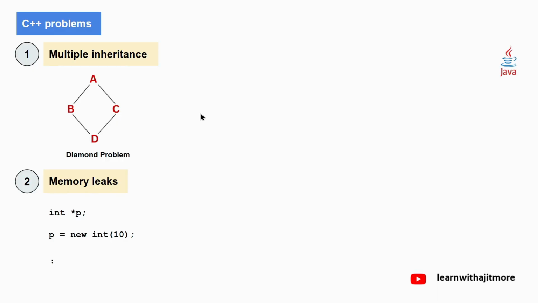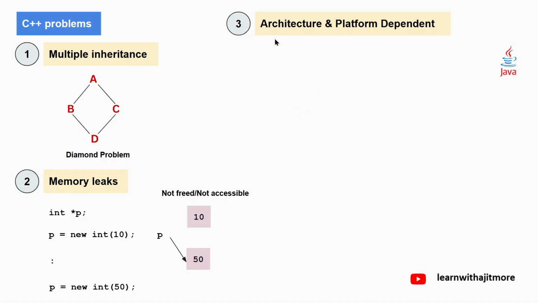Okay, so moving ahead. This drawback is also clear to you. Moving to the third drawback: it is architecture and platform dependent. Now we will just talk about platform dependence, but the same concept is applicable for architecture.